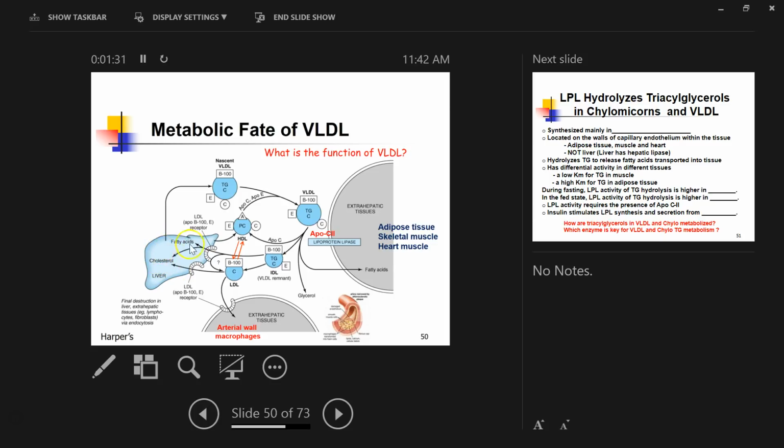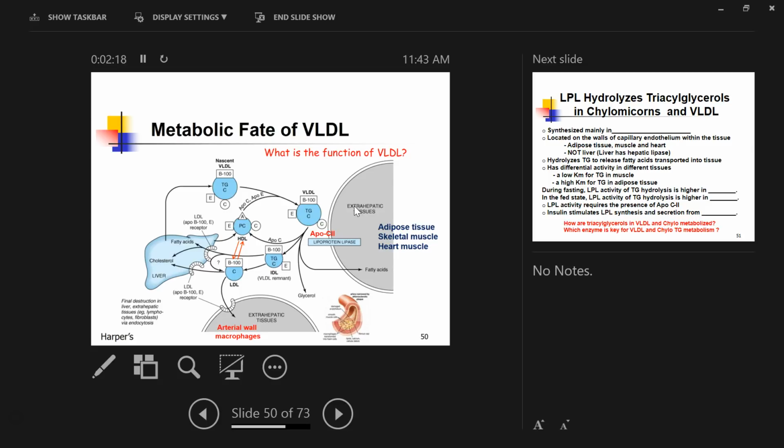So VLDL secretion can be increased during the fed condition, and also during fasting, and during disease conditions as well, like diabetes. Once VLDL is synthesized and gets the necessary apoproteins, it is transported to the adipose tissue for storage of lipids, again during the fed condition, right?